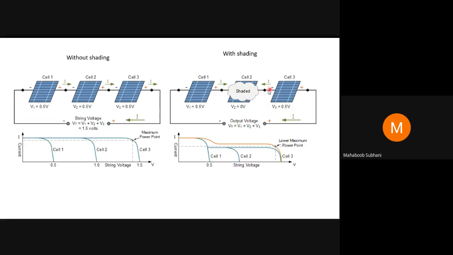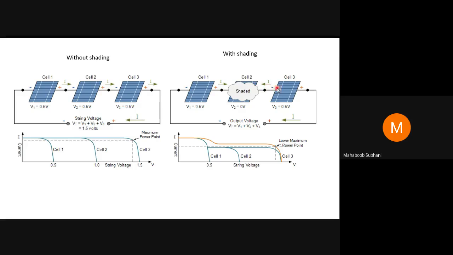Now, when the current starts flowing in this opposite direction, it will not allow the current to flow normally. Generally we want the cell to generate the power, but because of this negative voltage or reverse bias, rather than producing the voltage or the power, it is trying to consume the power.